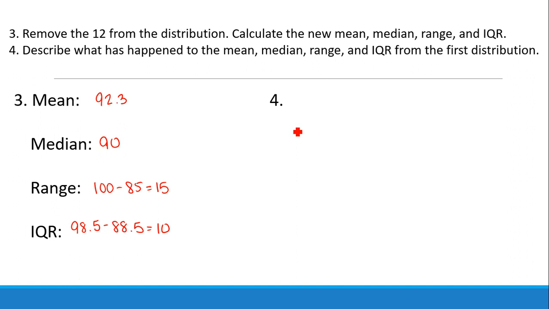So what happened to the mean, median, range, and IQR? So my mean increased. Because remember, 12 was much lower than any of the other numbers, so it pulled our mean down.